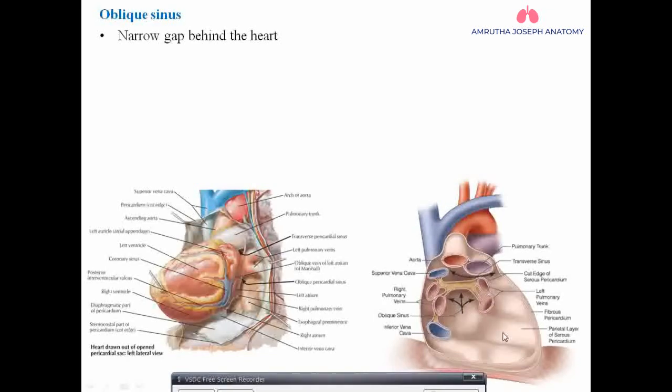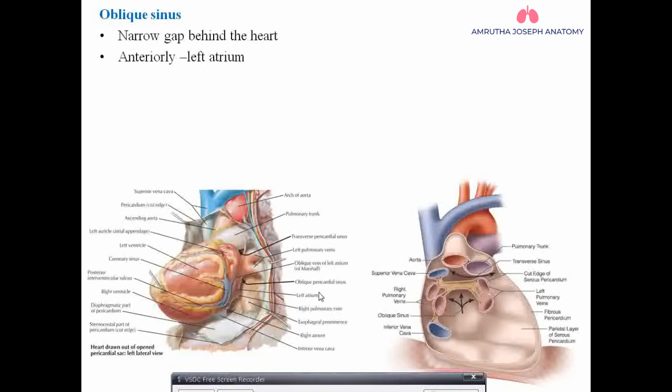The parietal layer of the serous pericardium can be seen here, and the pulmonary veins opening can be seen here. So this area is a left atrium. Here the heart has been removed to show what is happening behind the left atrium. So behind this area there is a gap, that is oblique sinus.